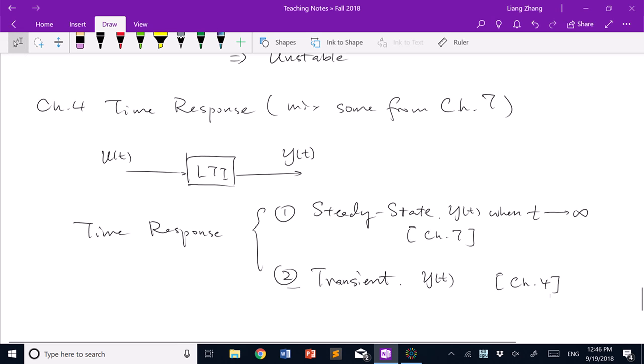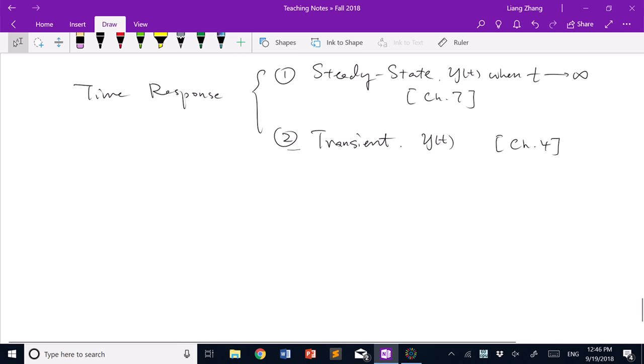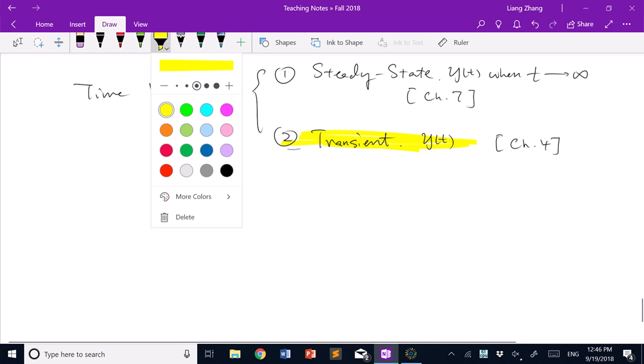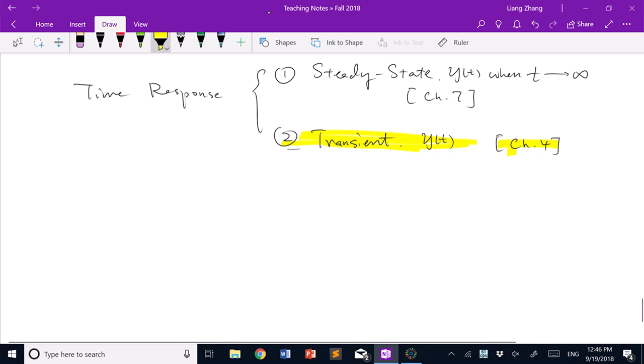Now, when we focus our attention on the transient response, which is the focus of chapter 4, this is our main discussion from this point on. Okay? Chapter 4. We'll look at how things go as a function of time.